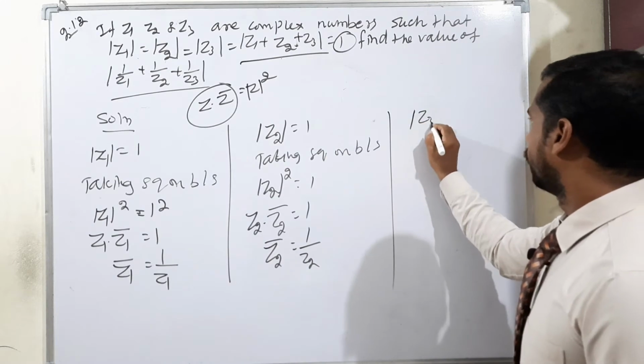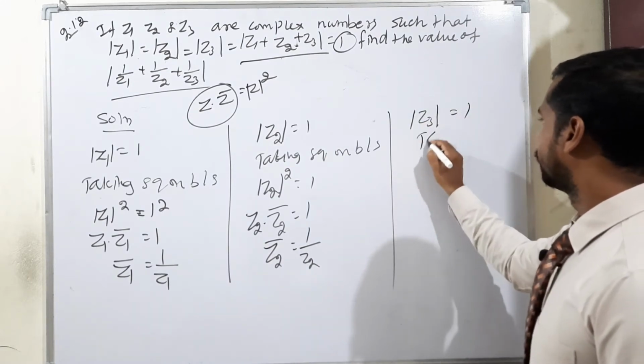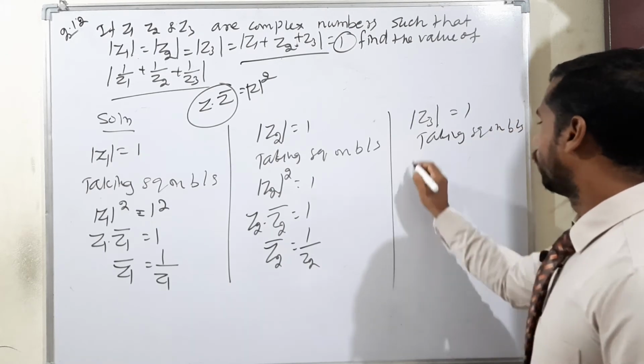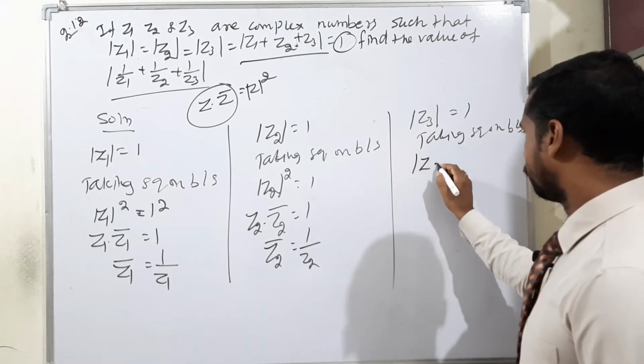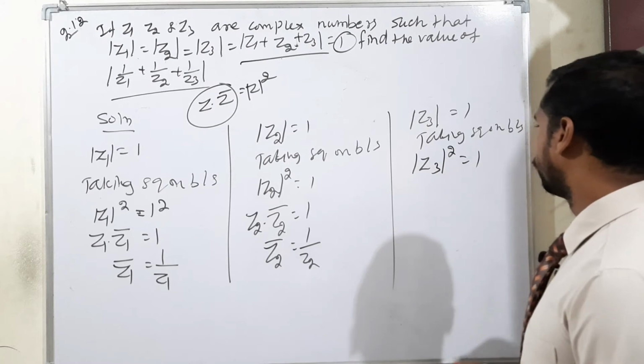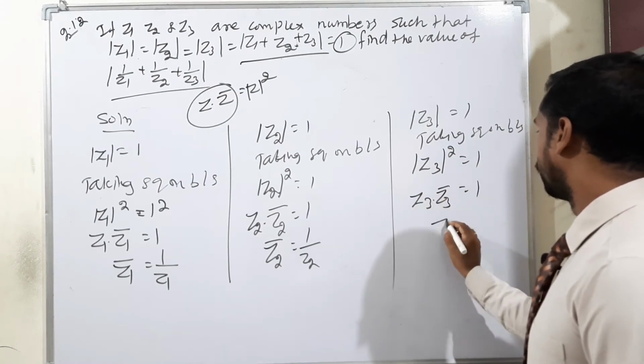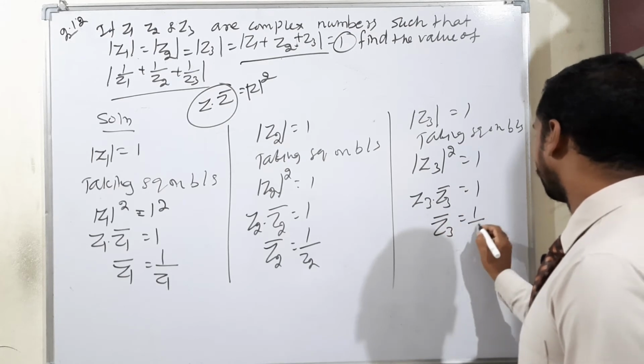Then modulus of z3 is equal to 1, the same concept: z3 into z3 bar is equal to 1, so z3 bar is equal to 1 by z3.